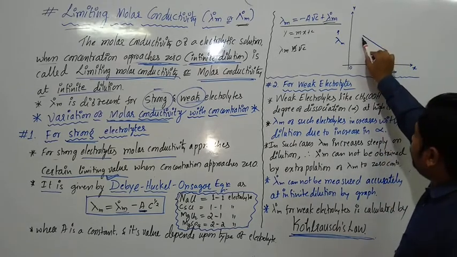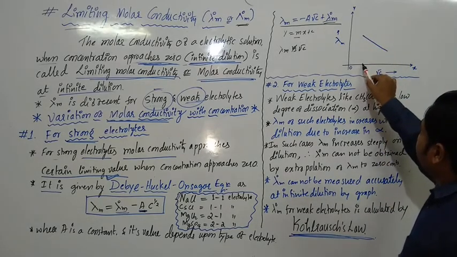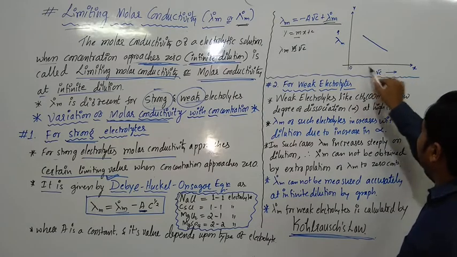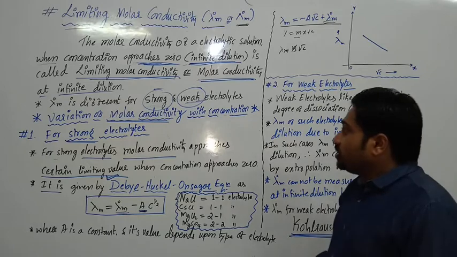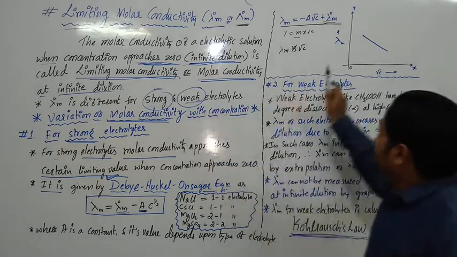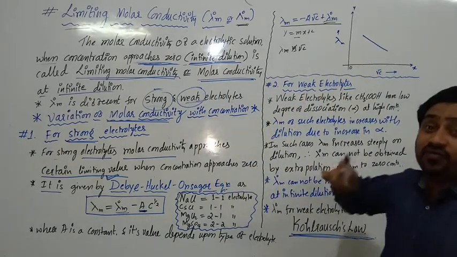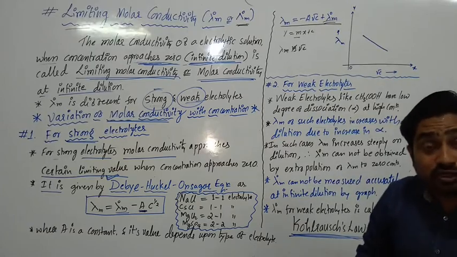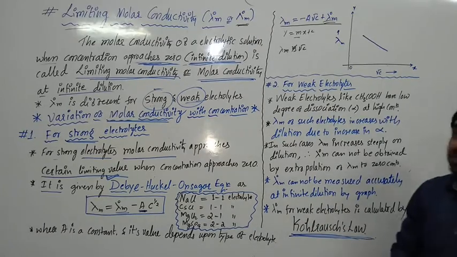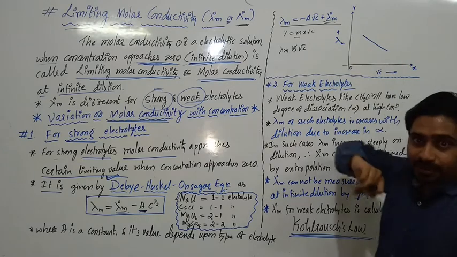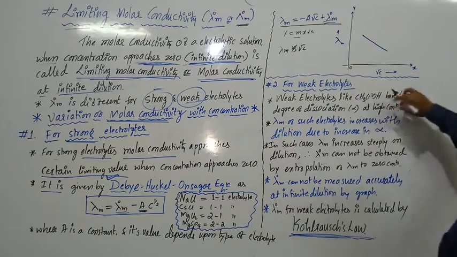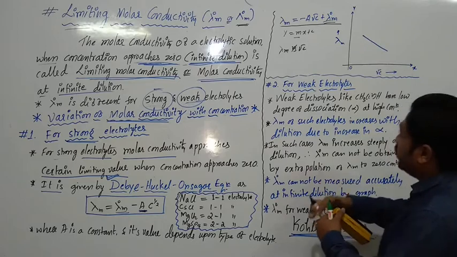We have drawn the graph up to these values of concentration, from this to this only. Now we want the molar conductance at infinite dilution, meaning at zero concentration. At this point, what is the value of lambda m? This can be given directly on extrapolating this curve.